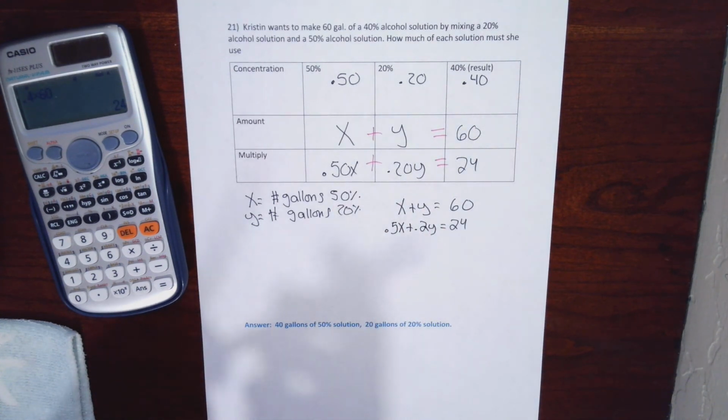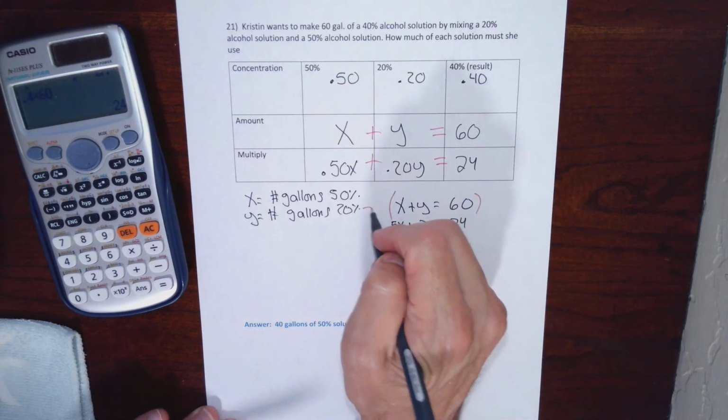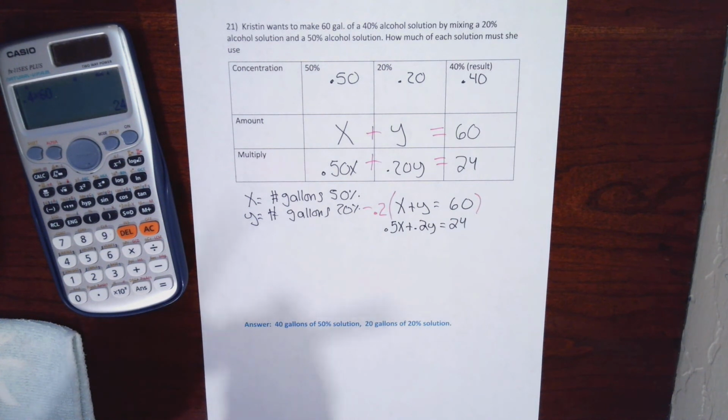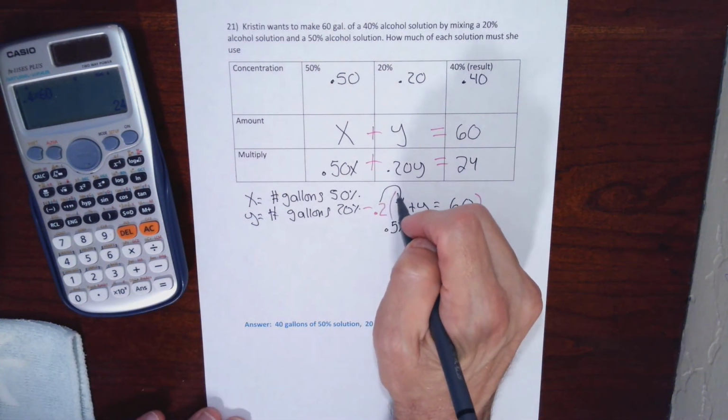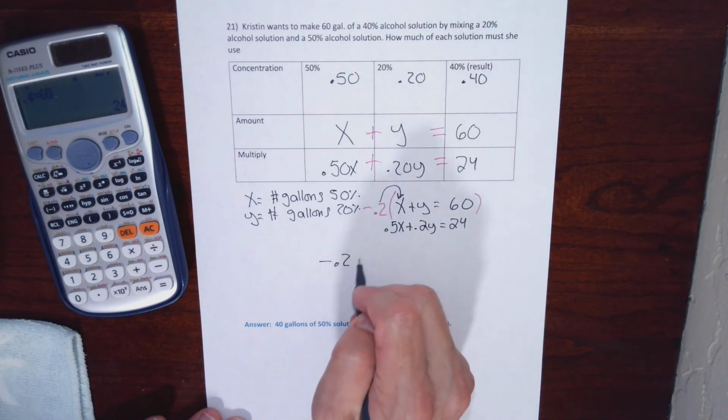I'm going to solve this by elimination. I'm going to multiply the top equation by negative 0.2, and that's going to help me eliminate the y's. I'm not going to change the bottom equation. I'm going to go minus 0.2 times x and get minus 0.2x.